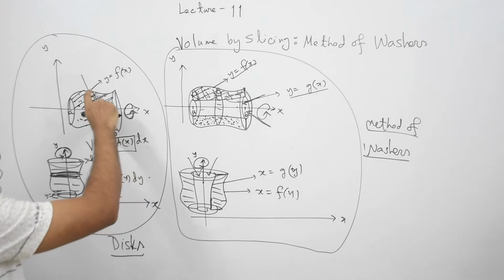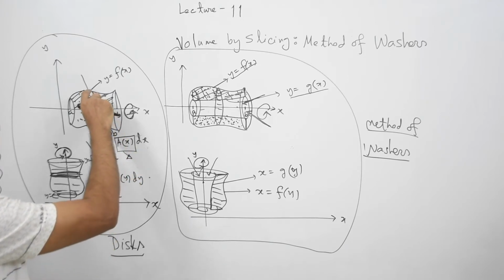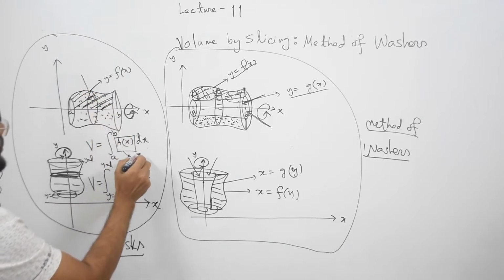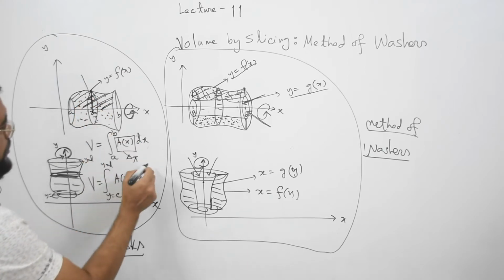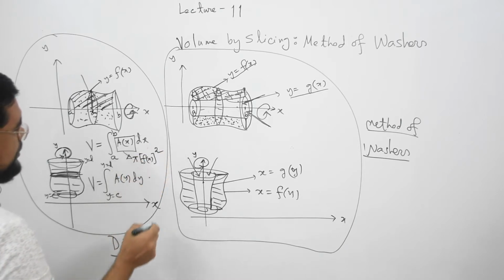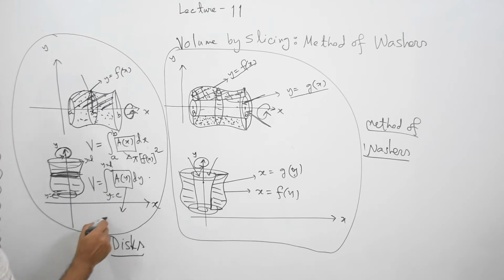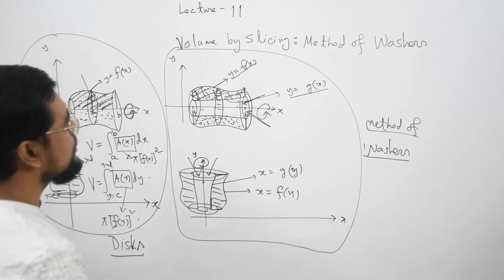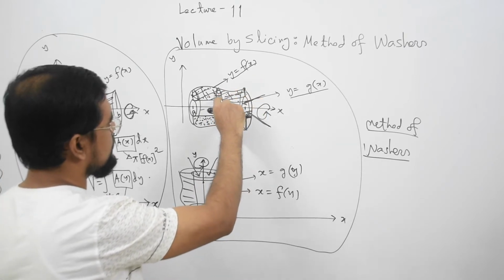And since the disk is circular, the area of this cross section will be pi r squared, and r is nothing but f(x). So it was like pi f(x) squared, and this one was like pi f(y) squared.